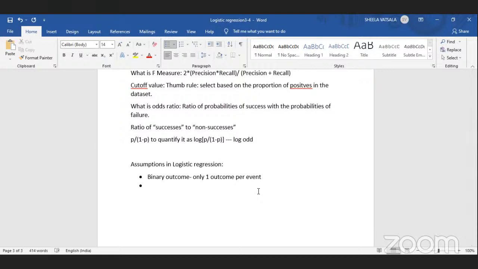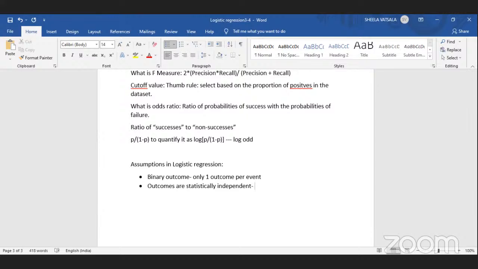Outcomes are statistically independent. What does that mean? Outcomes are statistically independent means there is no collinearity between them.